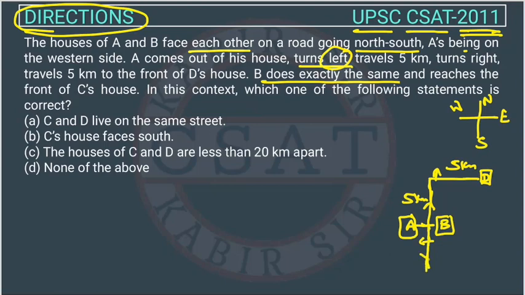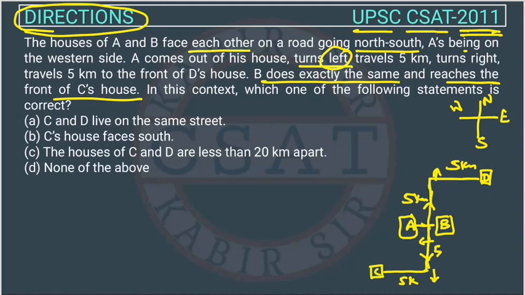Now B is facing this side, and B will take a right turn, so B will go this side. And he reaches the front of C's house. He is also walking 5 km here, this is also 5, and this is the house of C.